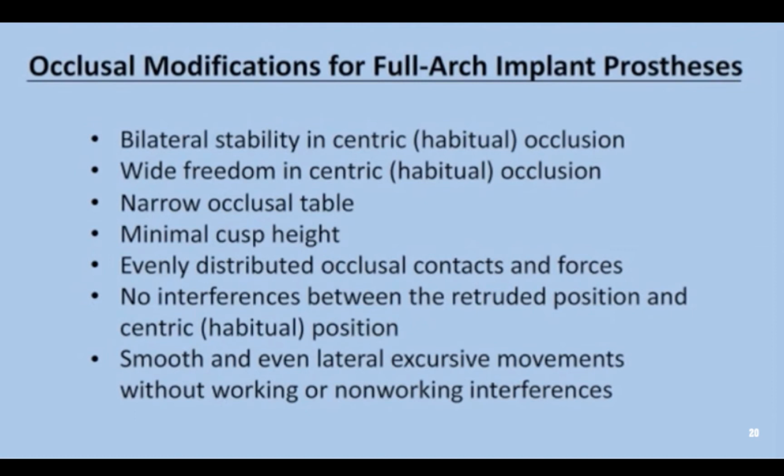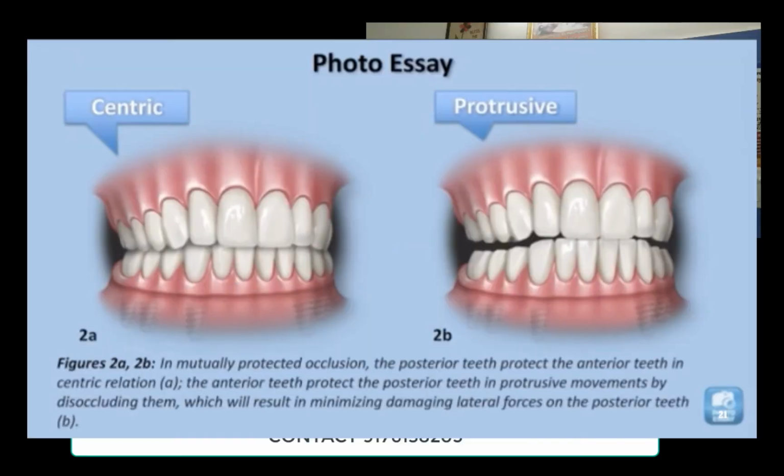So these are the things: bilateral stability, wide freedom, narrow occlusal table, minimal cuspal height, forces evenly distributed, no interference between the retruded position and centric position, and smooth and even lateral excursive movements without working or non-working interferences.